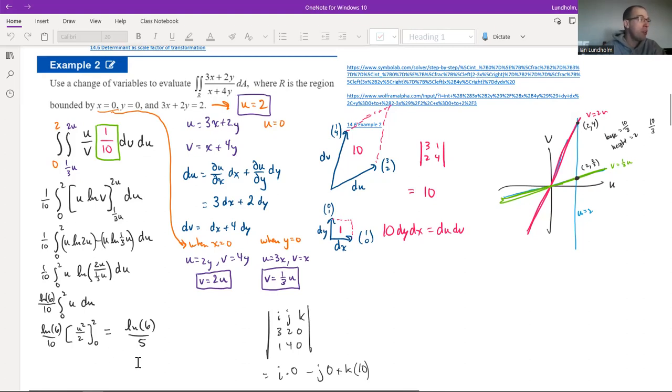actually solving the integral is not too bad, since we're integrating with respect to v first. The antiderivative of 1 over v would be the natural log of v, and u's just coming along for the ride. We get to this stage.